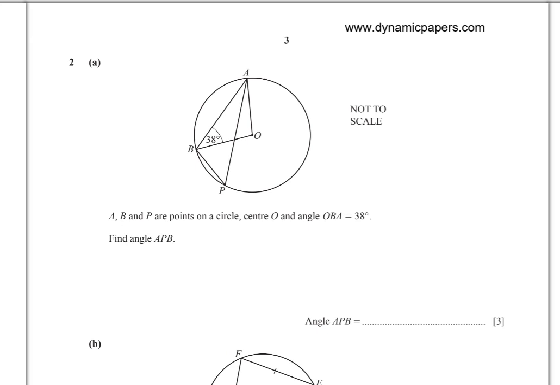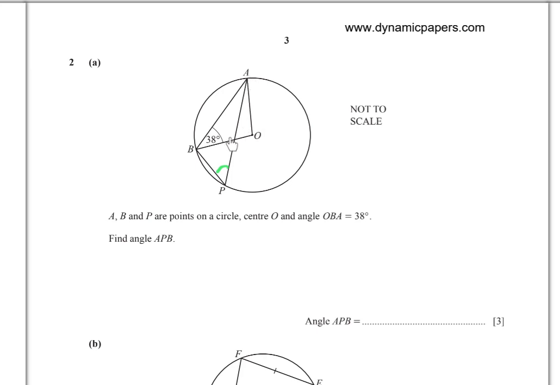2(a), A, B, and P are points on a circle, center O, and angle OBA is 38. Find angle APB. So we need to find this angle. This angle equals half the central angle, because the circumference angle is half the central angle. How to find the central angle?